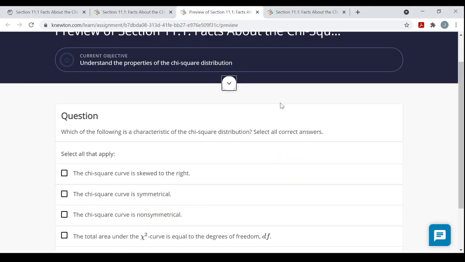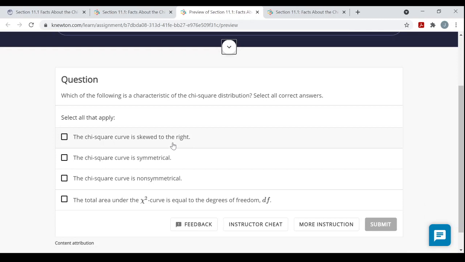All right, so hopefully you watched through all that, and got a nice introduction to chi-square distributions there. So which of the following is a characteristic of a chi-square distribution? Select all correct answers. Well, it's skewed to the right. That is correct. Remember, it has that longer right tail.